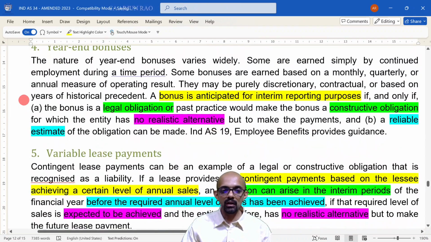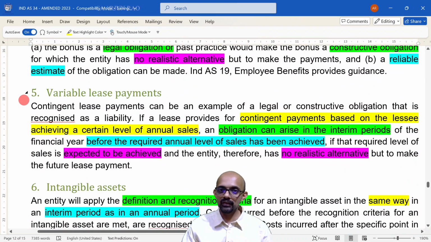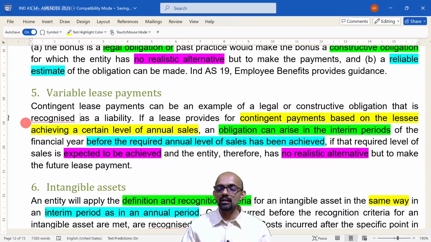Similar principle for variable lease payments. So contingent payments that may be based on annual sales, and there may be an obligation in the interim period itself. So for example, the annual sales target is say 10 crores, and in the first interim period you have touched say 4 crores, then most probably you will meet that annual target and you may have to pay contingent rent.